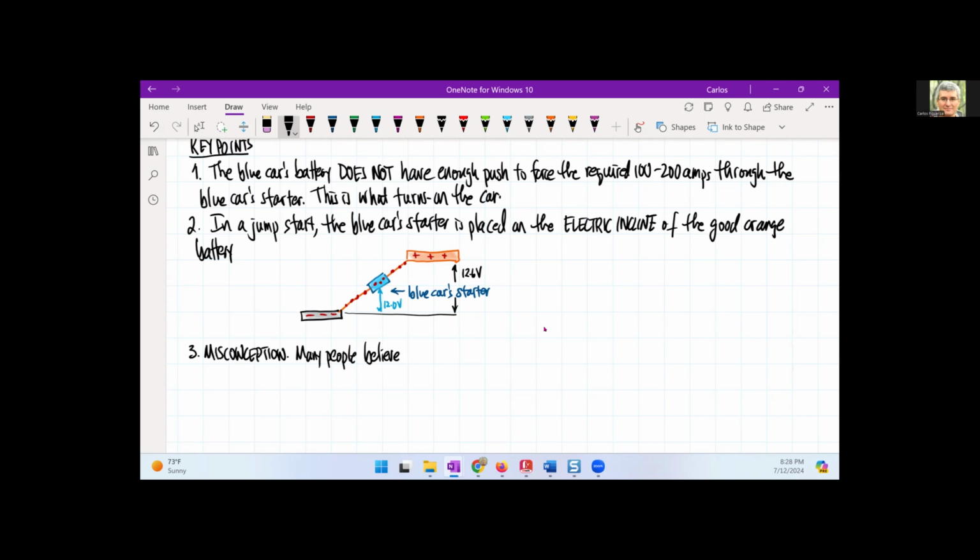Many people believe charge comes directly from the orange battery to the blue battery to charge it up. Not correct.